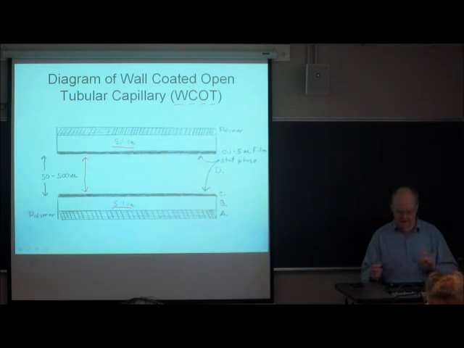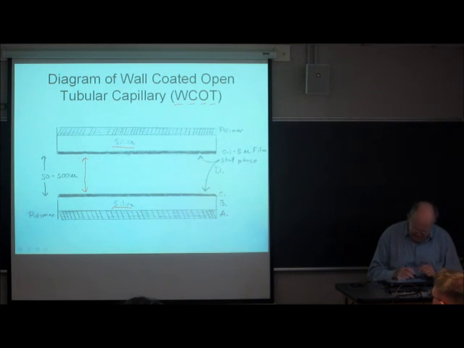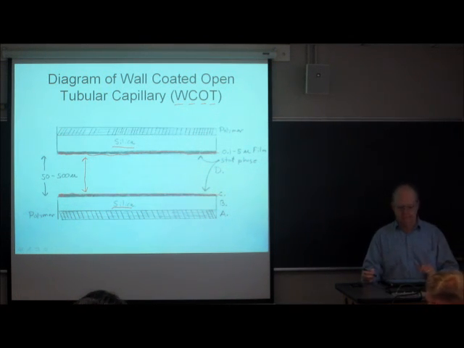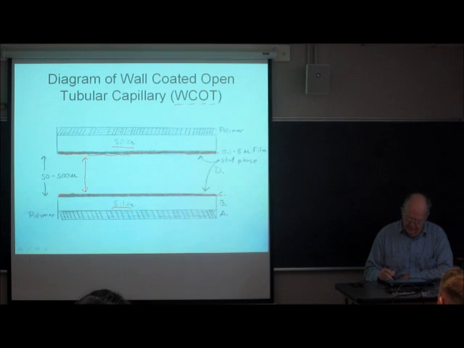The inside wall, the lumen of the capillary, is coated. That's what this shaded stuff is. It's coated with a stationary phase. The film thickness in general would run from about 1/10 of a micron on up to 5 microns.